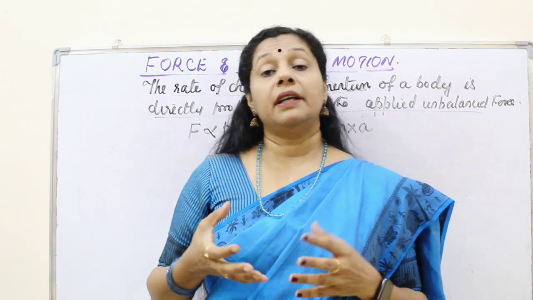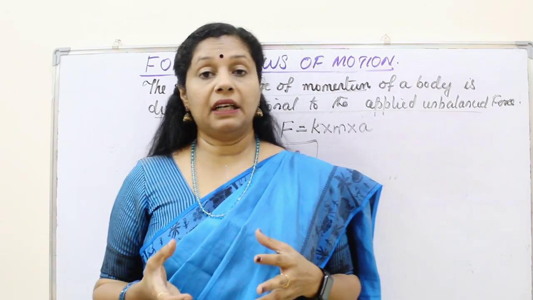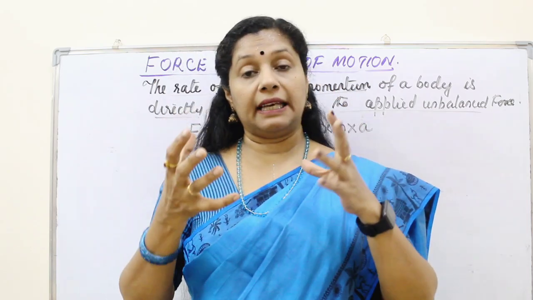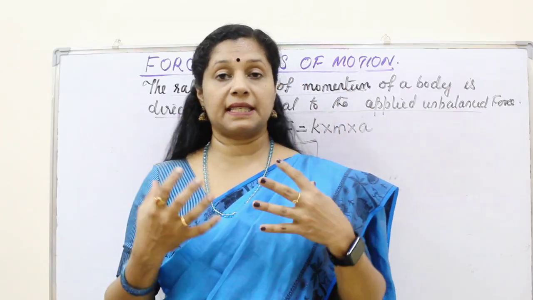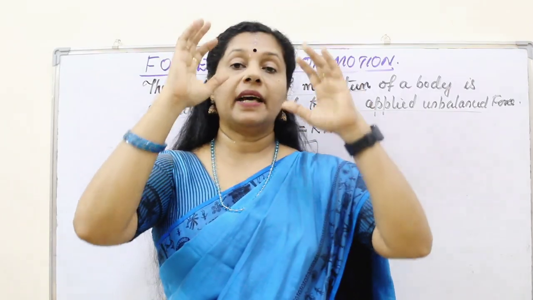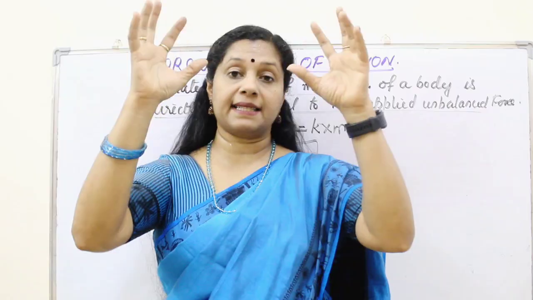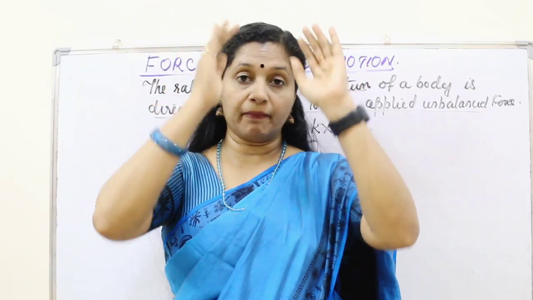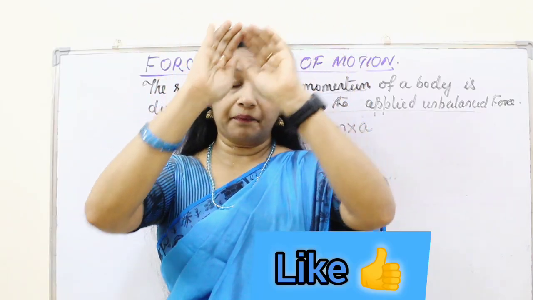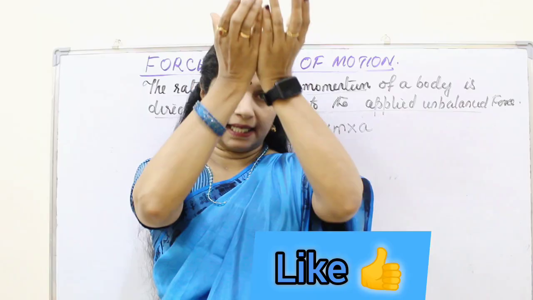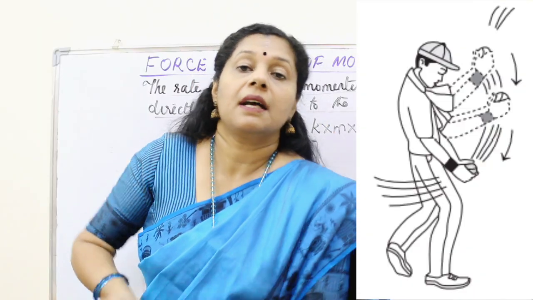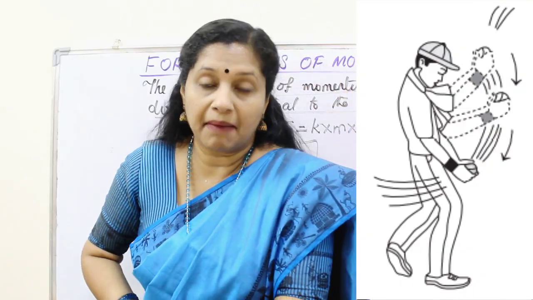For example, in the case of cricket, for a fielder taking the ball, for suppose it's a catch, when they are holding it, they are not simply holding it as such, because it is not a sudden movement. They bring their hand, like this, they bring it like this. That means they are moving their arm backwards.